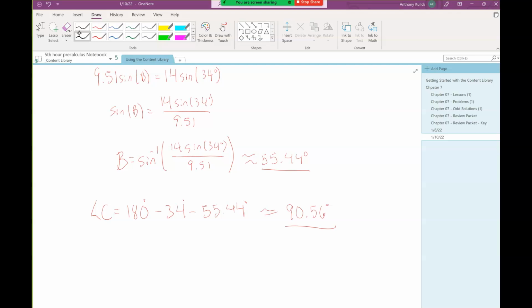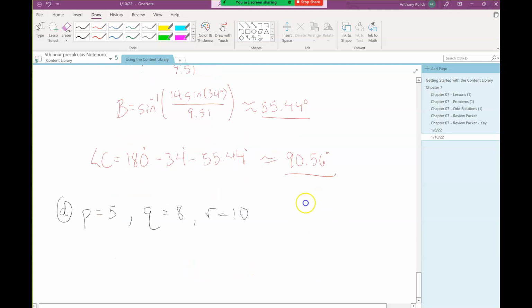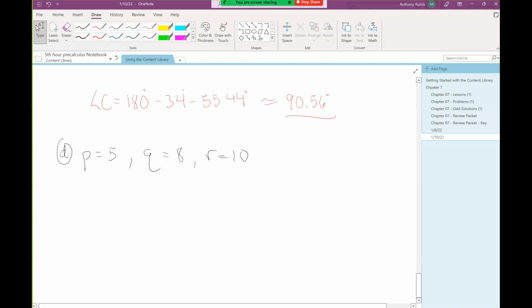Okay. One more example for today, and then that'll close us out for the day. Sound good to you guys? I'm pretty excited. Okay, so what about the triangle with sides P equals 5, Q equals 8, and R equals 10?